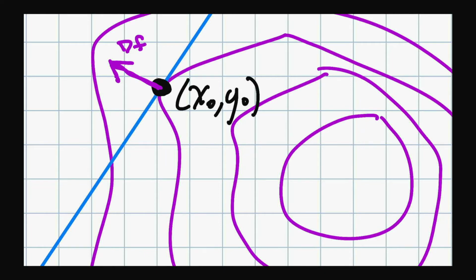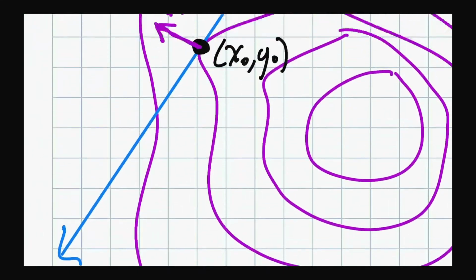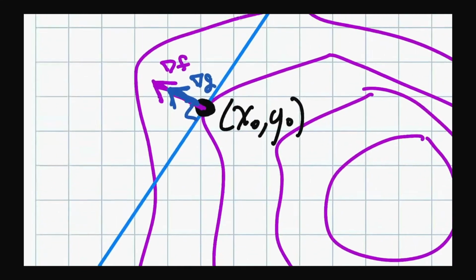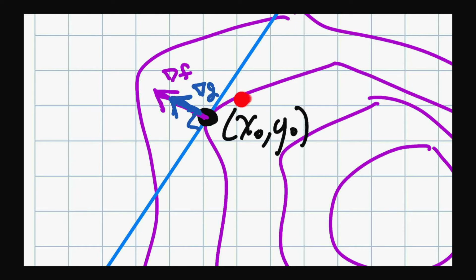But guess what? You also have a gradient of the blue curve, which also points 90 degrees away from the blue curve. So maybe that one's like that. It's a different length, but maybe that's gradient g. And so they're both 90 degrees away. And what happens is, because the purple curve and the blue curve are supposed to be tangent, that means their gradients point 90 degrees away from themselves.